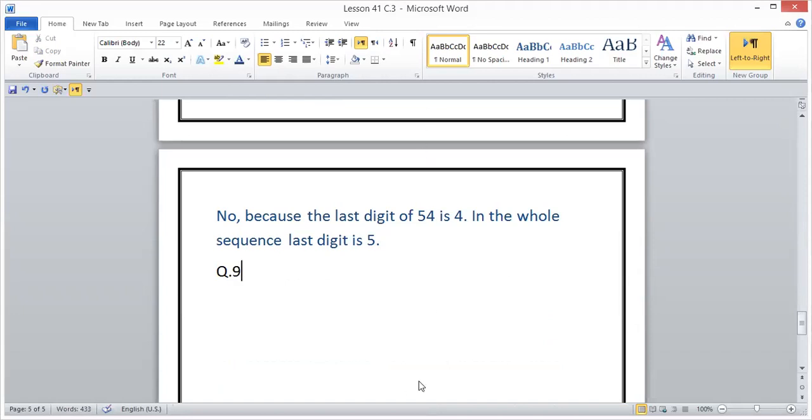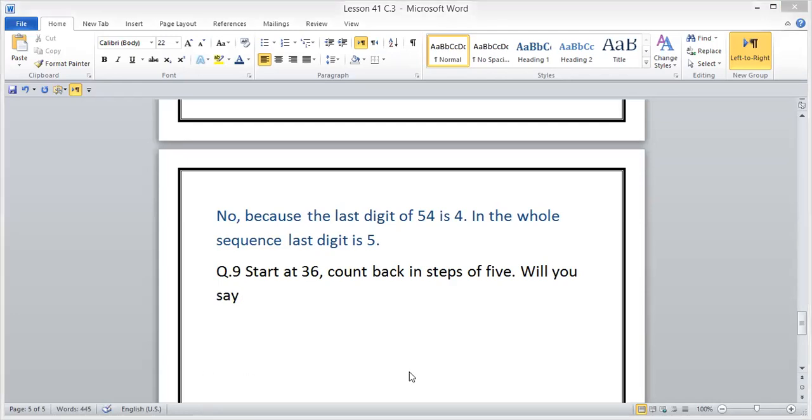Question number 9 is: start at 36 and count back in steps of 5. Will you say 11?